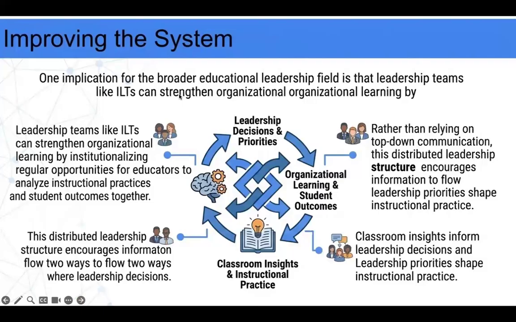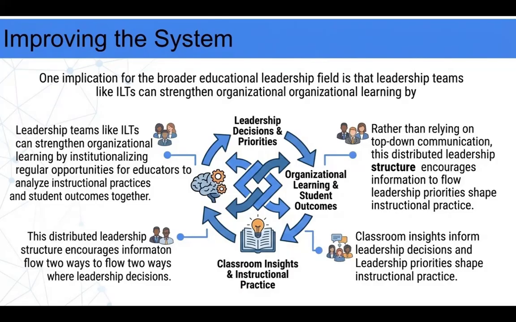So one implication for the broader educational leadership field is that leadership teams, for example, like the ILTs, can strengthen organizational learning by giving the opportunity to educators to analyze instructional practice and student outcomes together. Also, the fact that there is a flow of information between the principal and the teachers.